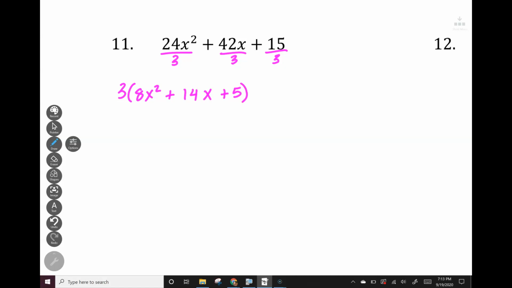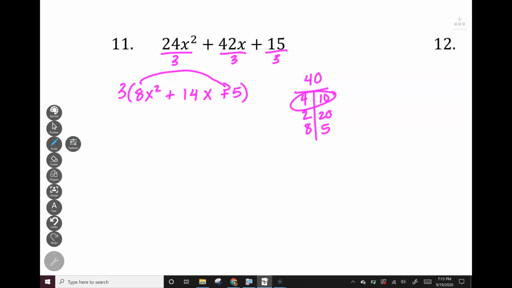Okay, so now using our method up above, step 1, we're multiplying those two. That gives me 40. So two numbers that multiply to positive 40 and add to 14. Right off the bat, I'm thinking 4 and 10, right? So you could have got all of these other factors, but the only one that adds to 14 is 4 and 10.